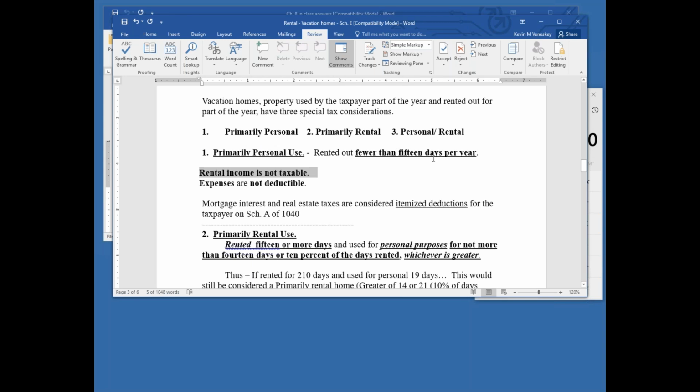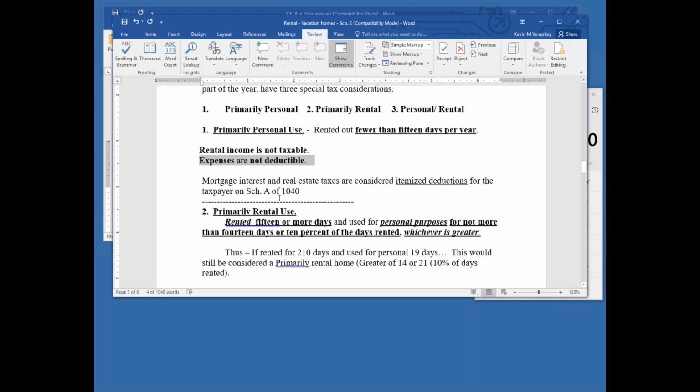Because they're saying if you rent it out 11 days and you collect income, they're going to not even consider that as rental, and therefore that's just tax-free income. That's a great deal. However, the only downside is any expenses you may have when you rent it out. Maybe they damage something, you can't deduct that, or any other fees that may go along with having it rented out.